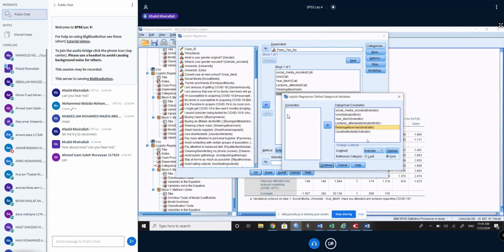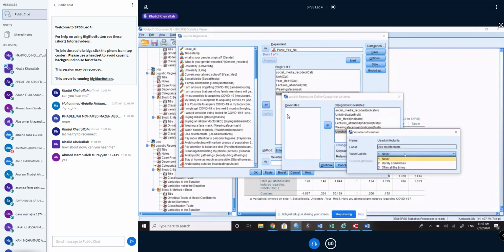Using disinfectant is the same. We used never as the reference group. We said the first one will be the reference group. So the reference group here will be never.